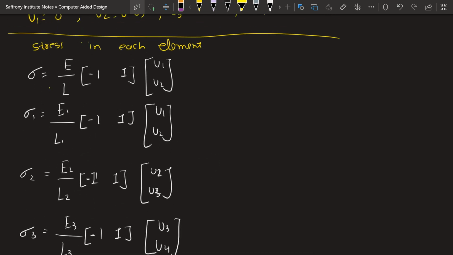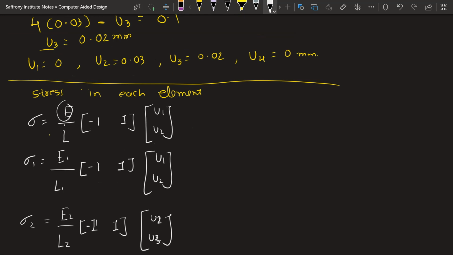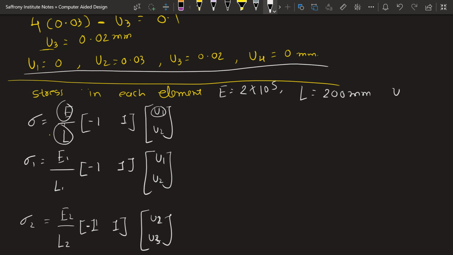Now just replacing the values of E, L and U. We already have E as 2 into 10 raised to 5, L is equal to 200 mm, and U with respect to this. Let's begin.